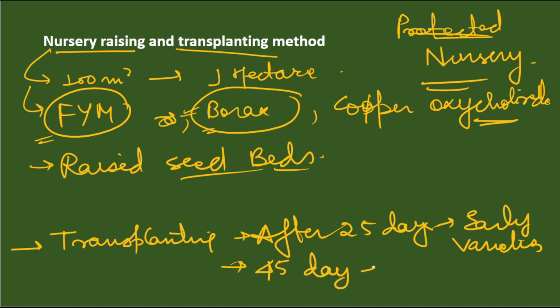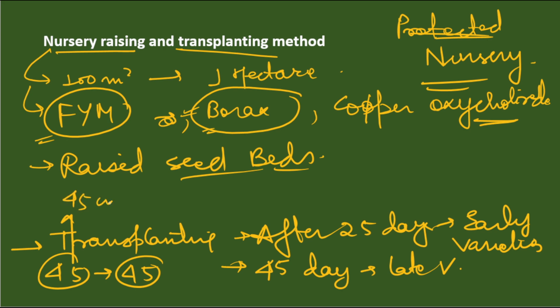We should keep in mind that the distance between two rows and between two plants should be around 45 centimeter. So 45 into 45 centimeters should be the distance when we are planting. So this is about nursery raising and transplanting.